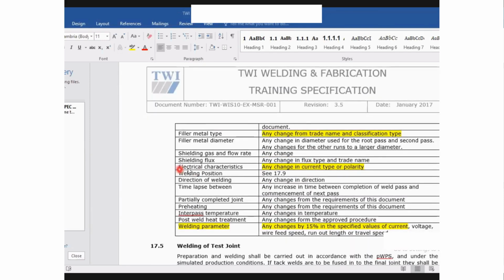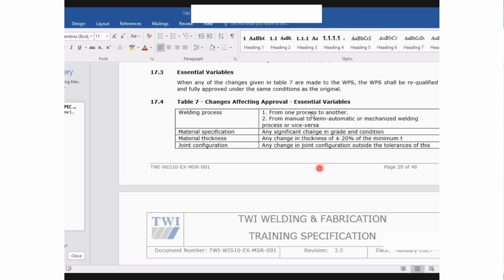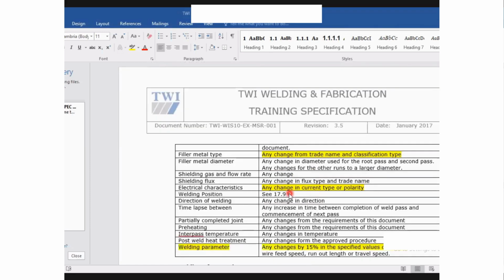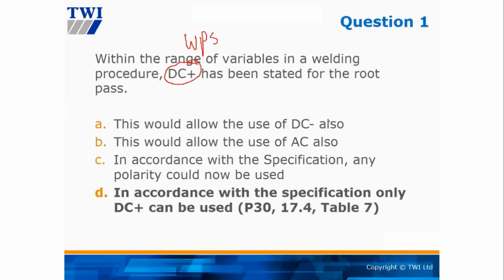This one is talking about essential variables. If we look under electrical characteristics, any change in current type or polarity is not allowed because it affects the approval. Essential variable. So we cannot change the things here. So back to the questions, right?